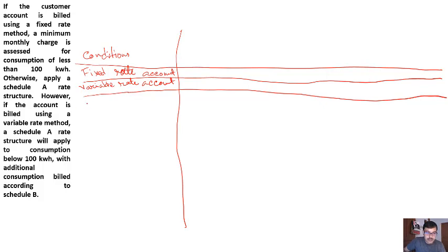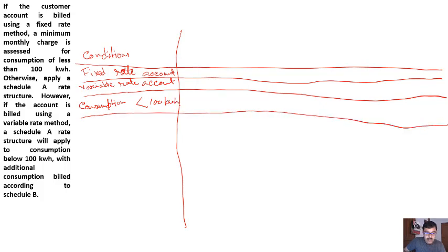Next is consumption is less than 100 kilowatt per hour. The next is consumption is greater than or equal to 100 kilowatt per hour.